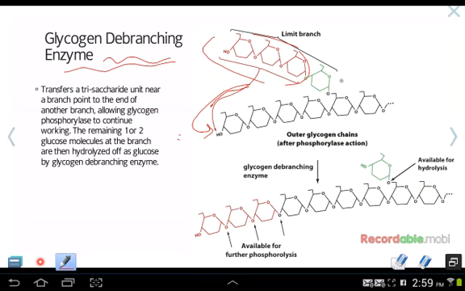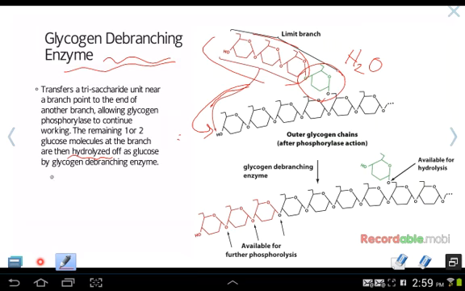The remaining 1 or 2 glucose molecules at the branch site are then hydrolyzed. Instead of using phosphate to break the group, we use a water molecule to hydrolyze the alpha-1,6 branch point, or the alpha-1,4 branch point.